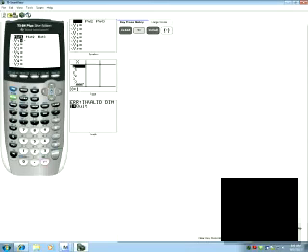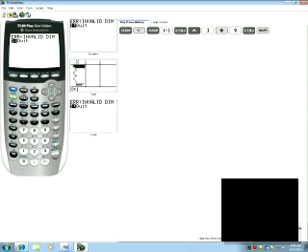Negative x. X is the button right next to the green alpha button. And for exponents, you use the caret key. So negative x cubed plus 9x. And then graph is the top rightmost button.